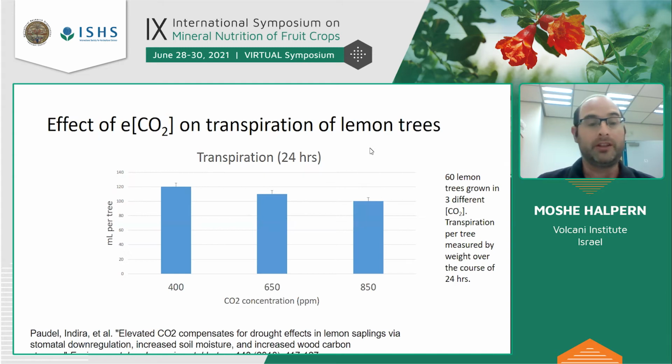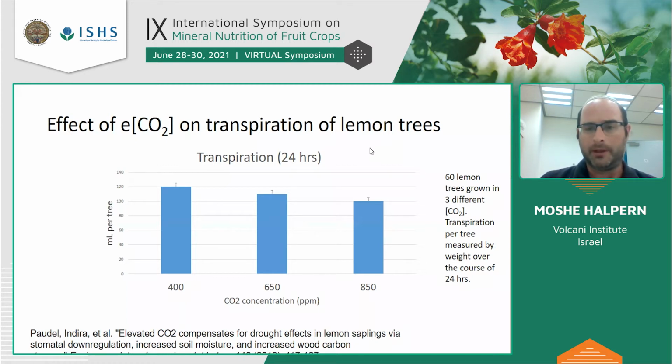But before we get to tomatoes, I actually did do a little bit of work on lemon trees, which is a little bit closer to the work done in this conference. And one of the effects of elevated carbon dioxide on every C3 plant, but also on lemon trees, is that the higher the carbon dioxide level, the less transpiration there is.